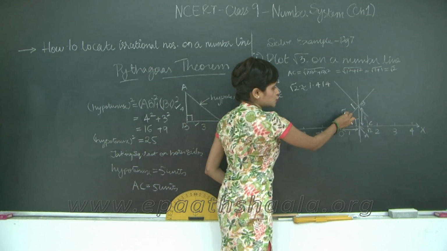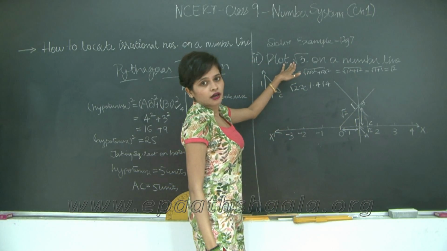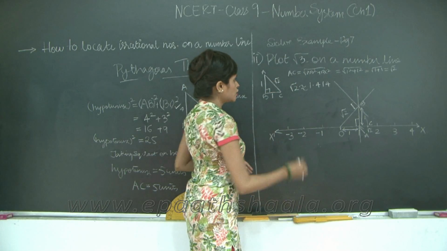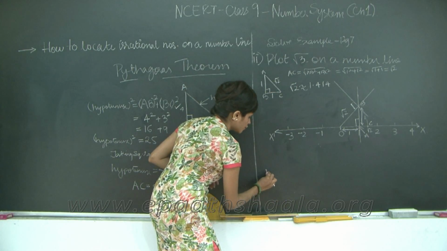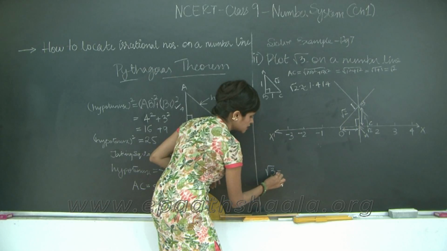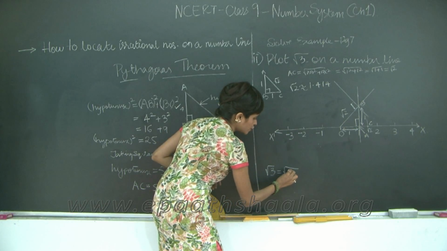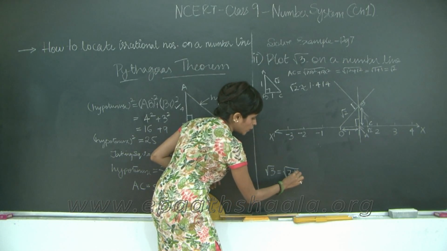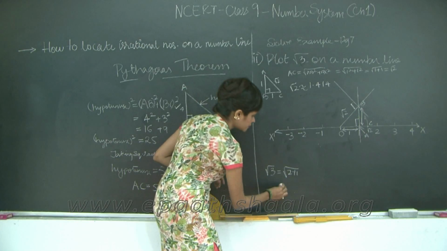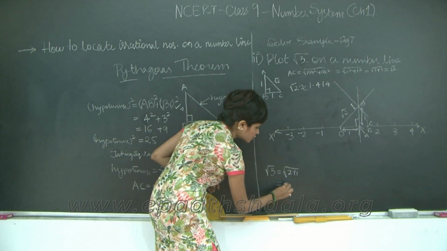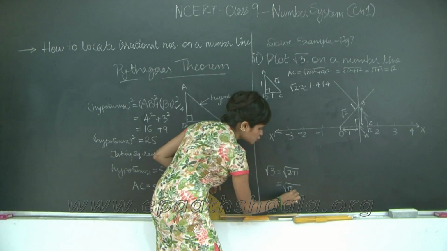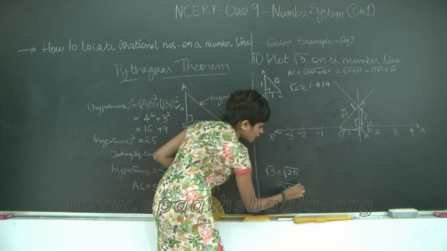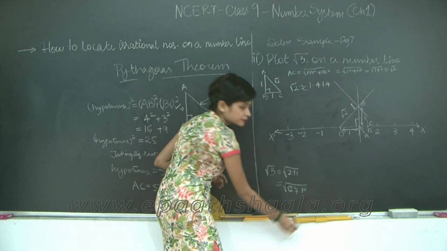Now this is root 2. We need to locate root 3 on the number line. So how do we get root 3? Root 3 is nothing but under root of root 2 plus 1, right? Which is nothing but under root of root 2 square plus 1 square, right?